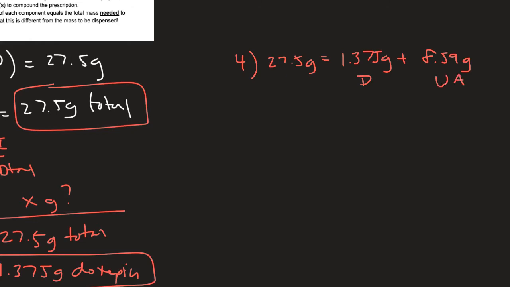And what's the mass of the base? So 27.5 minus 1.375 minus 8.59 gives you 17.5 grams of base.